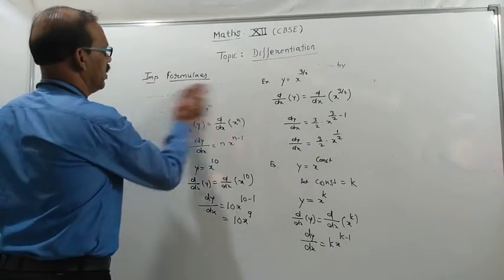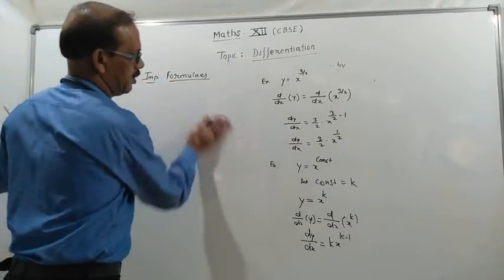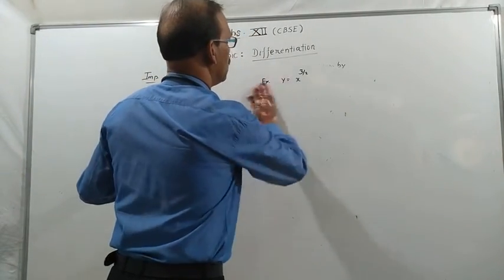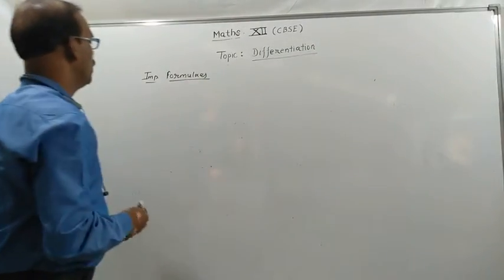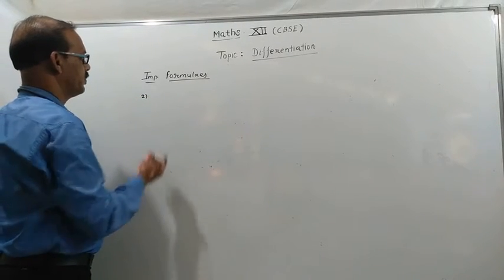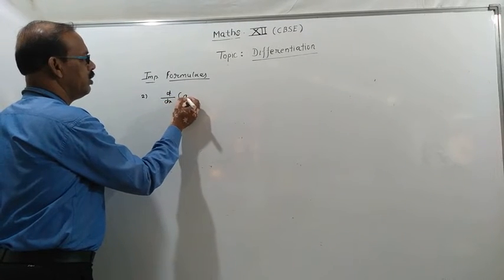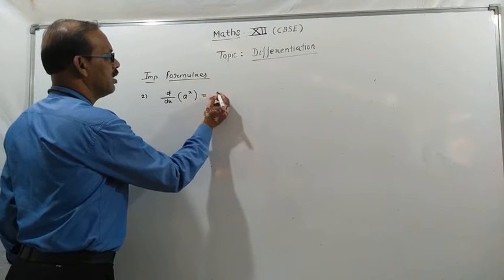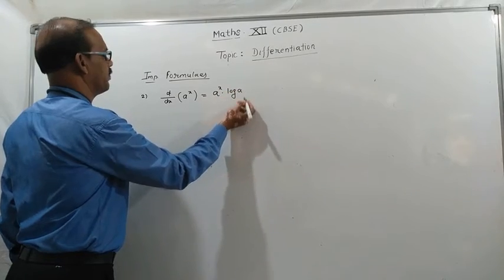Next one, formula number 2: d/dx of a to the power x can be expressed as a to the power x dot log of a.